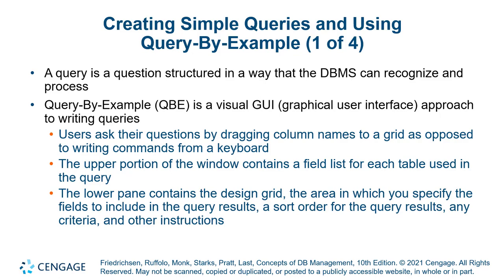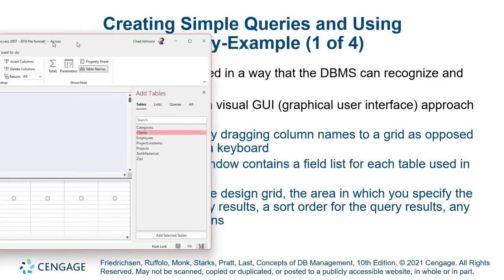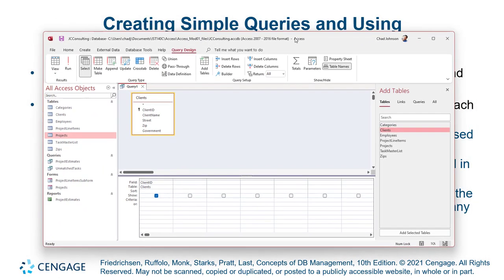If I drag this over here, this is what it looks like in Access. I'm designing a query by example here. And we can see in the upper portion we have our table, and then we have the associated attributes or the column names for those tables.